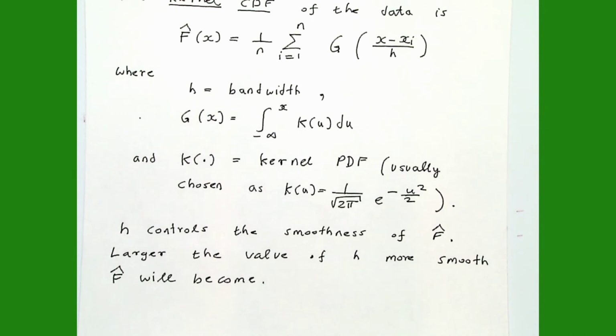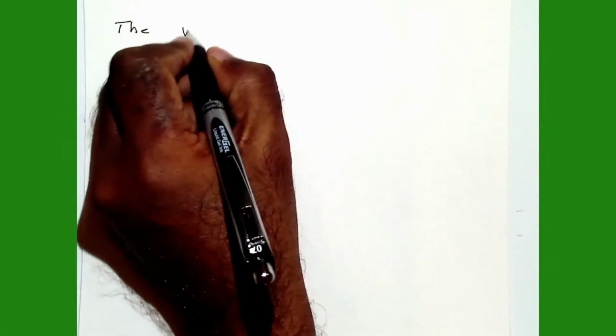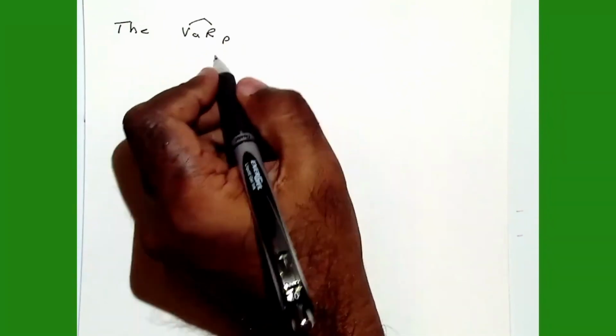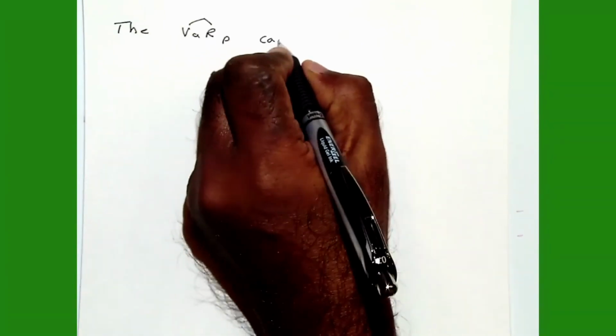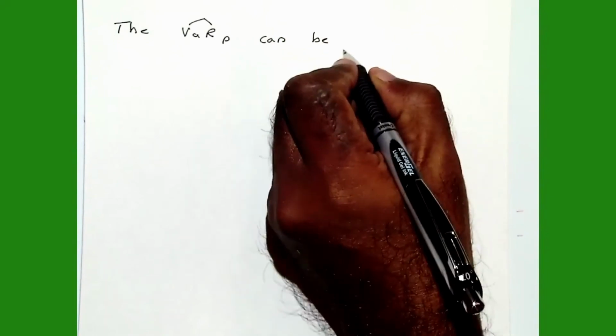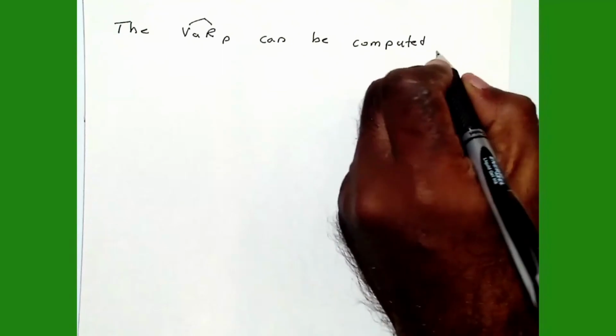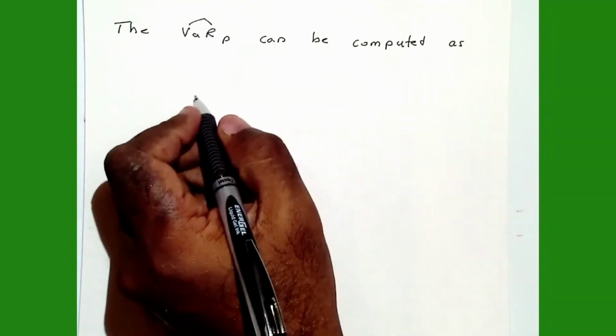Now, the procedure for computing VaR is as follows. The estimator for VaR under the kernel method can be computed in two different ways.